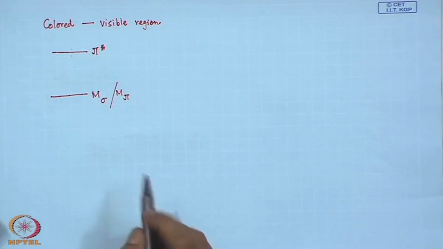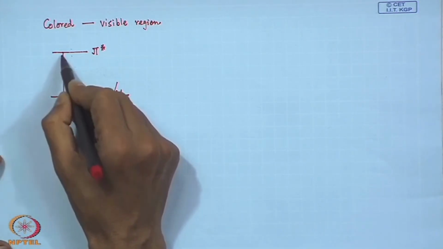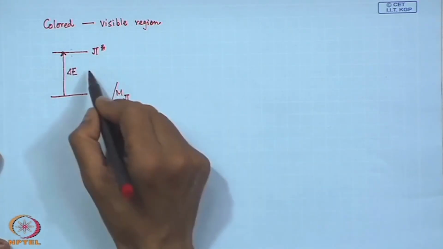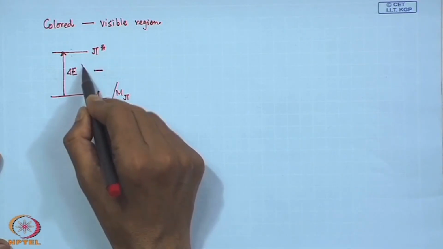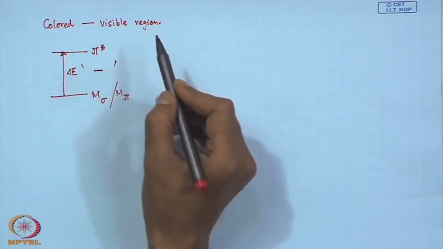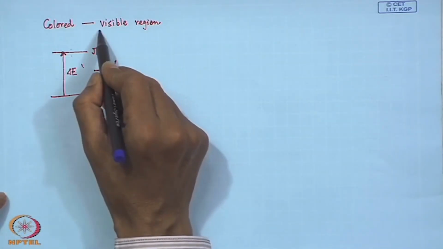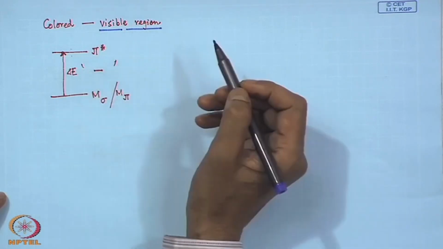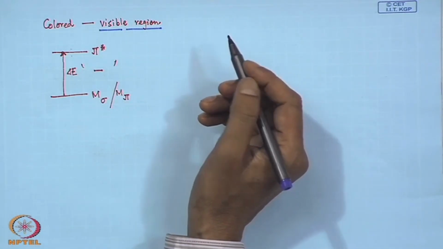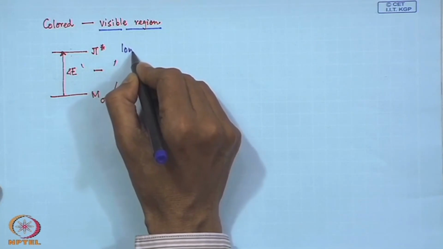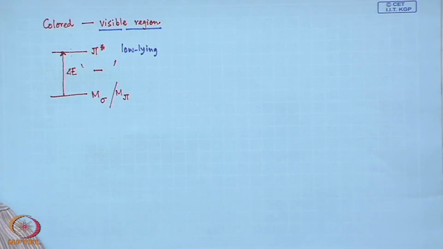And if this energy gap, which is important, delta E, spans a range in the visible region, then only we expect a transition, which can be characterized as a metal to ligand charge transfer transition, and which can be seen as a colored solution for the visible region transition. So, we have a level which we consider as a low lying empty orbital, which is acceptor in nature.